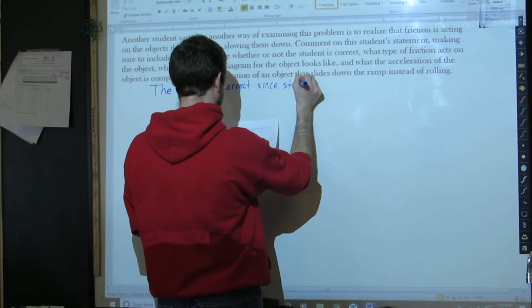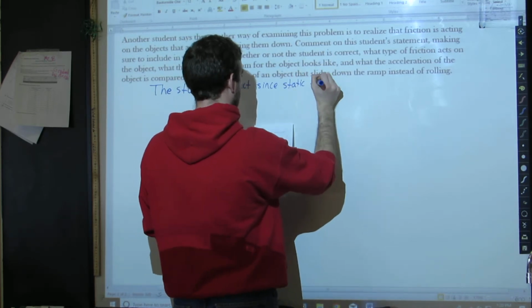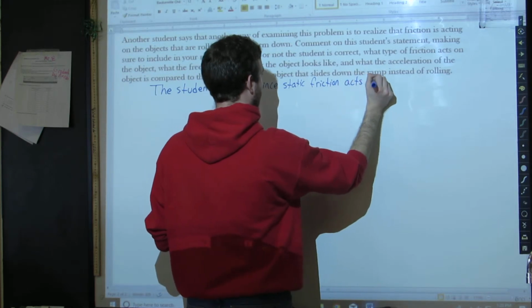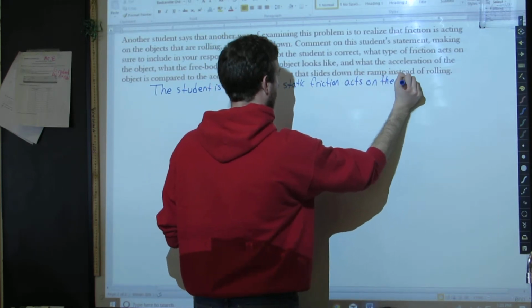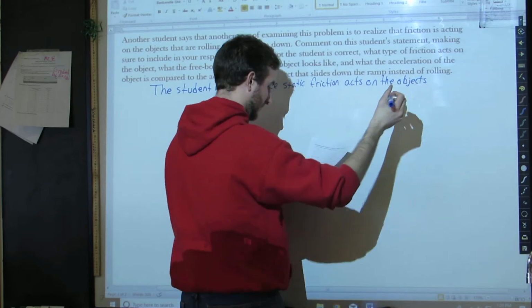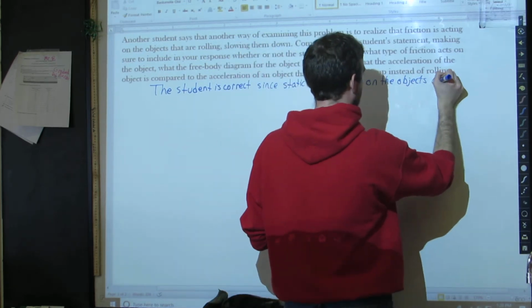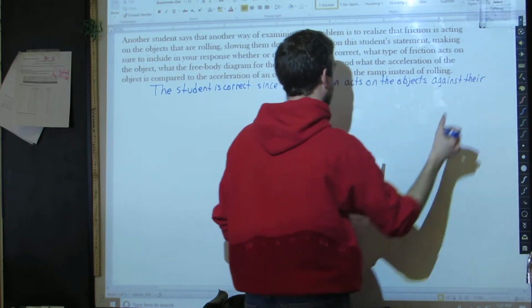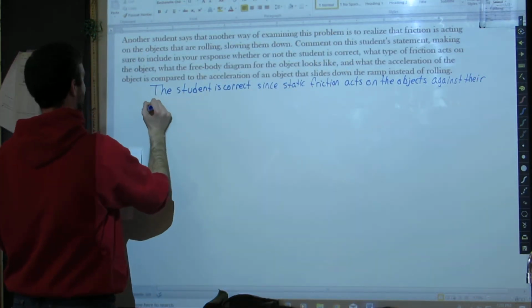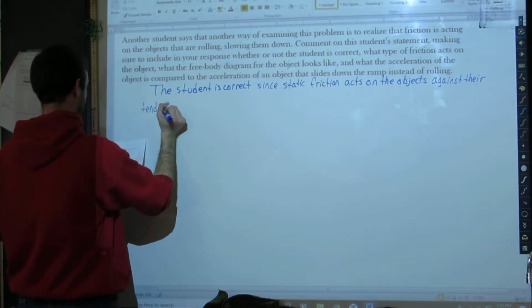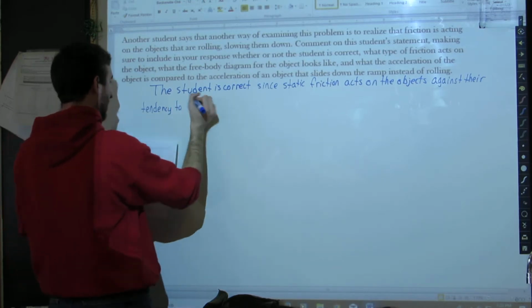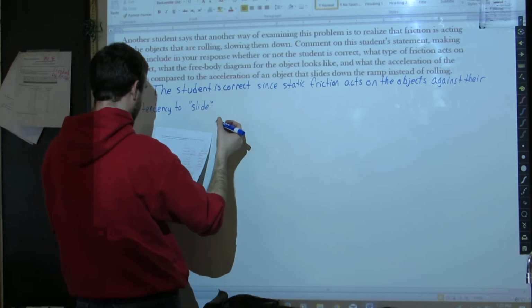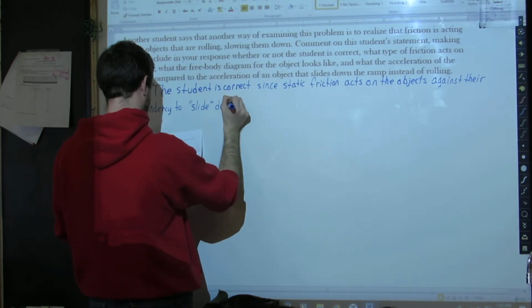Since static friction acts on the objects against their tendency. If friction wasn't there, they would try, I say it like they have a will, to slide down the ramp.